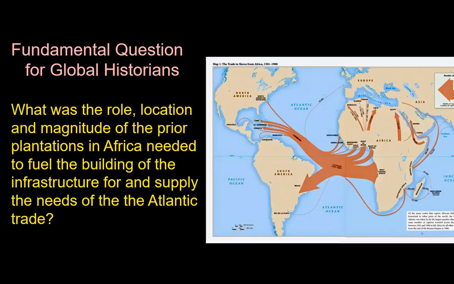In fact, you could ask the question about the food production as well. What was the role, location, and magnitude of the prior plantations in Africa needed to fuel the building of the infrastructure for and supply the needs of the Atlantic trade?